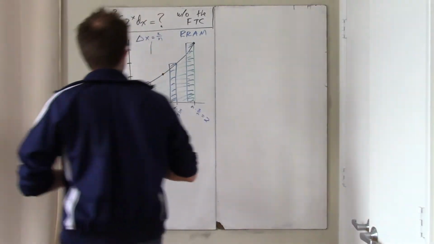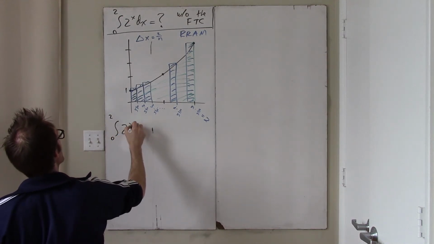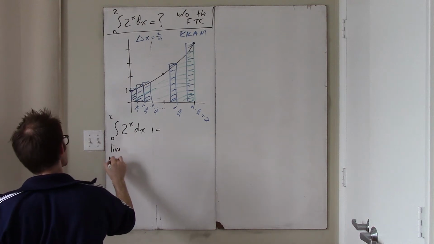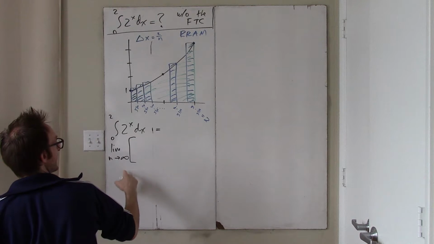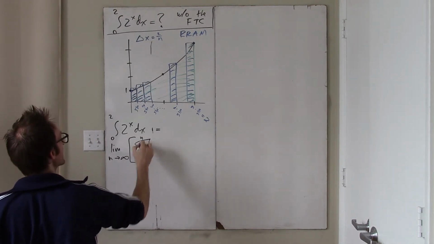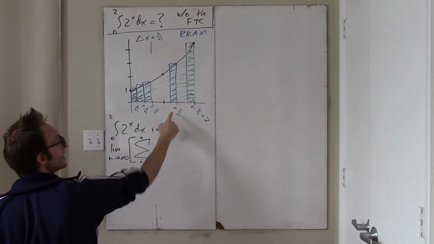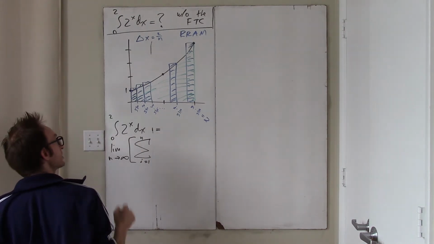Now let's do it. This integral, the integral from 0 to 2 of 2 to the x dx, is equal to, by definition, the limit as n goes to infinity of the sum from i equals 1 to n of the function, which is 2 to the x, evaluated at the right endpoint of the ith subinterval.